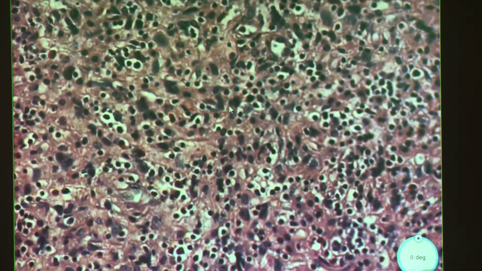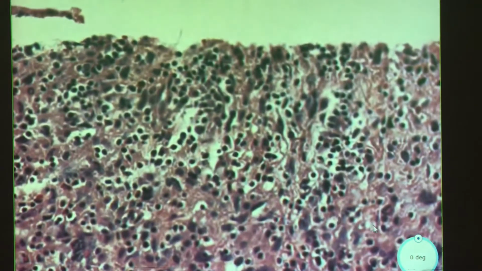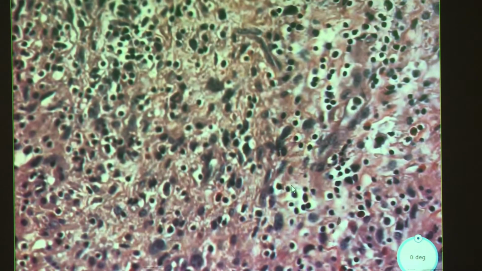These cells have somewhat prominent cell borders, but not really great. Some of them do look more spindled, like this guy and this guy look a little more spindled. This stuff definitely is more spindled, but it's really hard to tell.